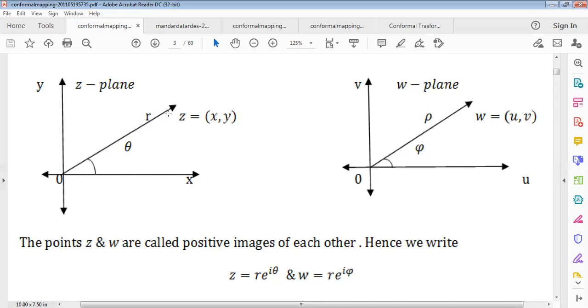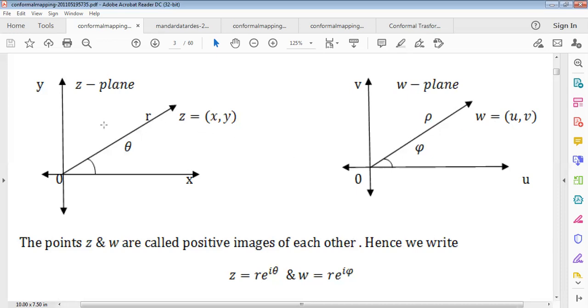But if we transform this z to w, then w will be a function of u, v. Remember it. u will be the real axis and v is the imaginary axis. Then the argument will be phi, and rho is the modulus. This w complex function is also the image of this z plane.